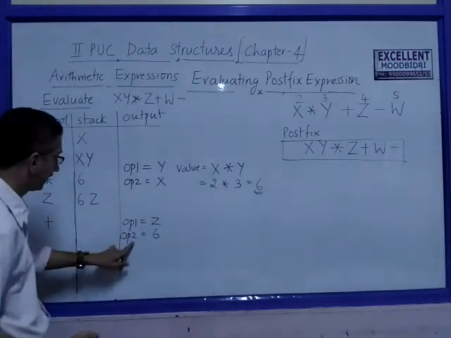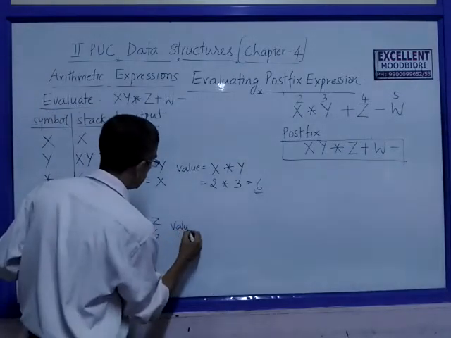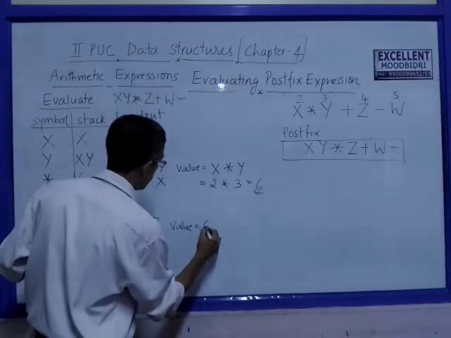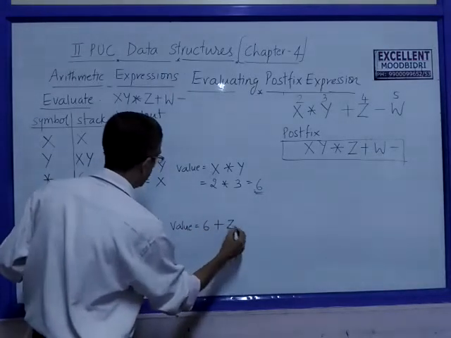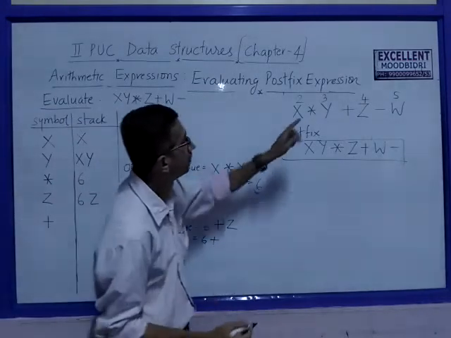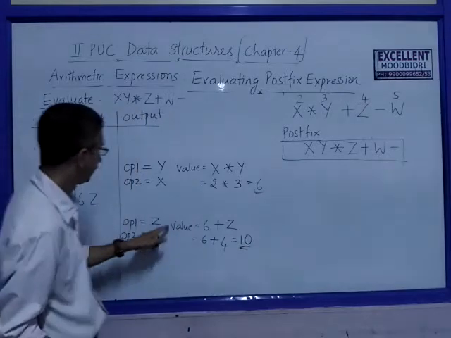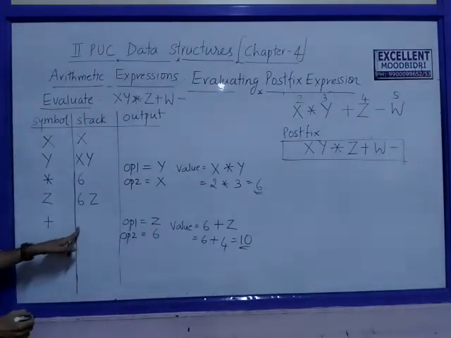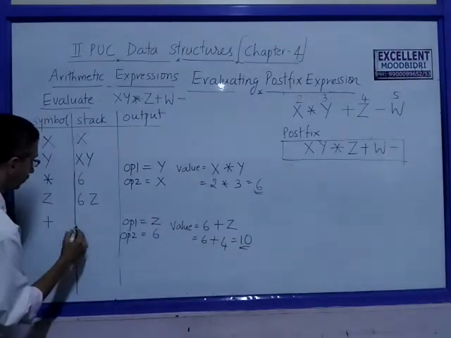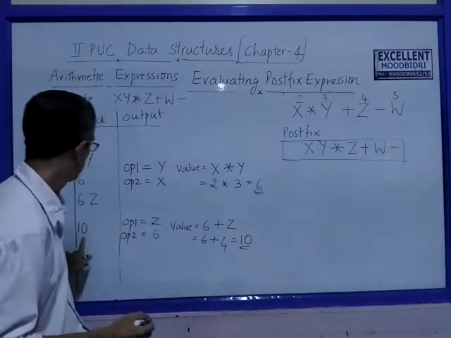So value is equal to operand 2, 6, plus Z. Symbol is plus. So 6 plus Z is how much? Z is equal to 4, so 10. The value is 10. The value again push onto the stack. 10 is the value, not 1 0. 10. One number. Value is 10.